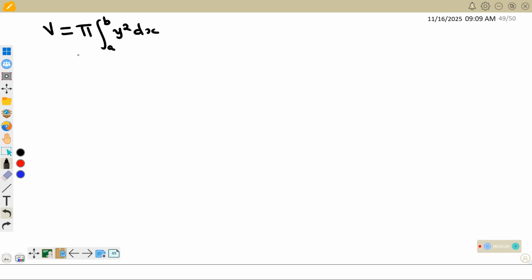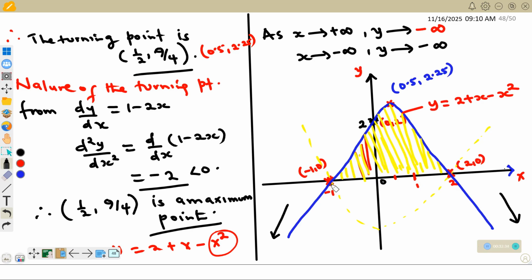We need those limits. These limits will be from -1, the point of intersection between the curve and the x-axis, up to 2.